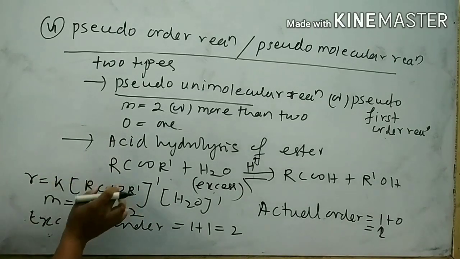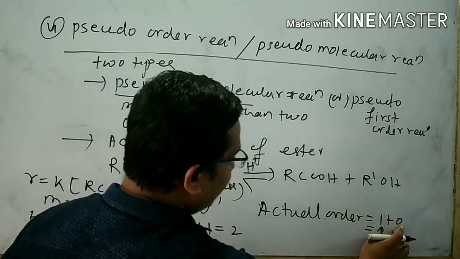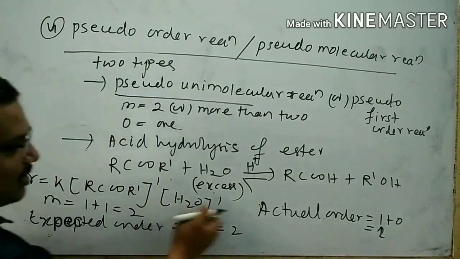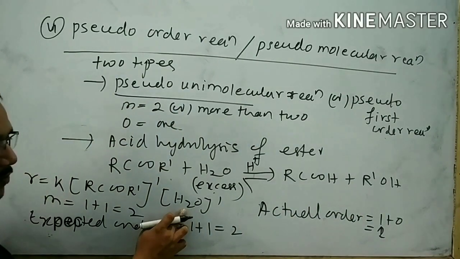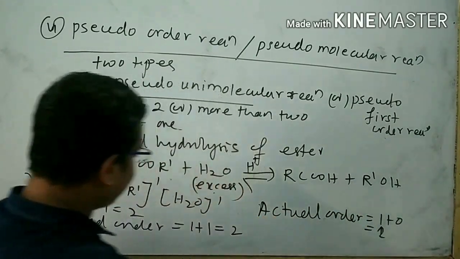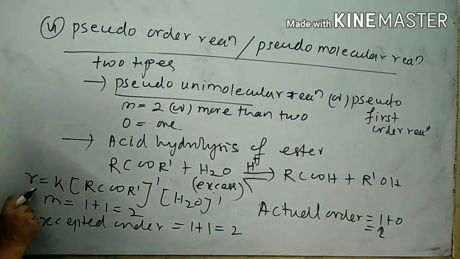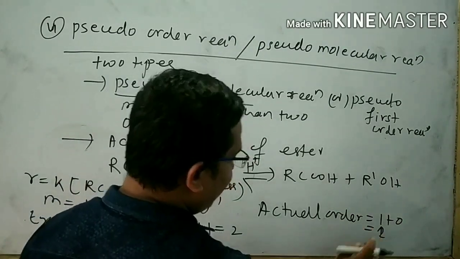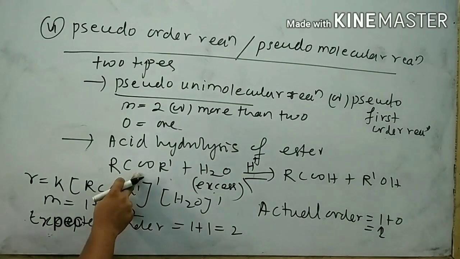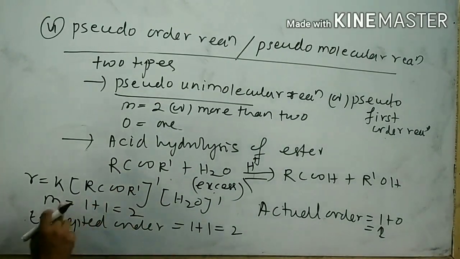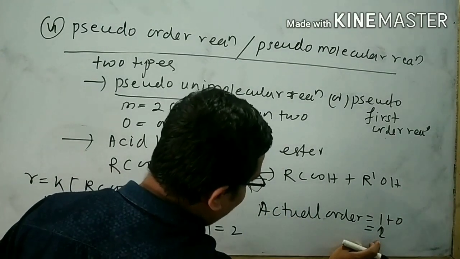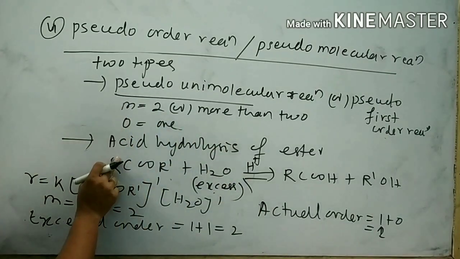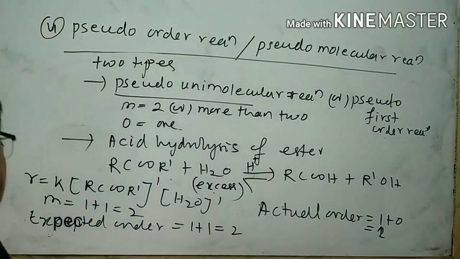As a result, we can write 1 plus 0, because this is constant. That means the actual order is 1. In this case, the rate of reaction expression is the same according to the law of mass action and the rate law. Since the expected order is different from the actual order, this reaction belongs to pseudo order reaction. Since the molecularity is 2 and actual order is 1, that reaction belongs to the pseudo unimolecular reaction.